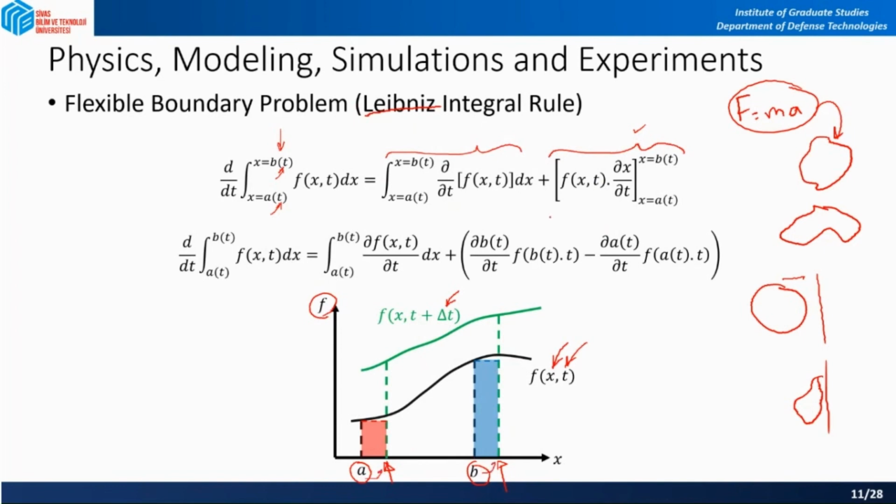So it could be expanding or it could be moving back. If you want to write this, the change from A to B is the same thing as you have in the upper formula. So this is the Leibniz integral rule. And this is just pure mathematics. You see just two formulas, it's pure mathematics, and it is applied to physics laws.